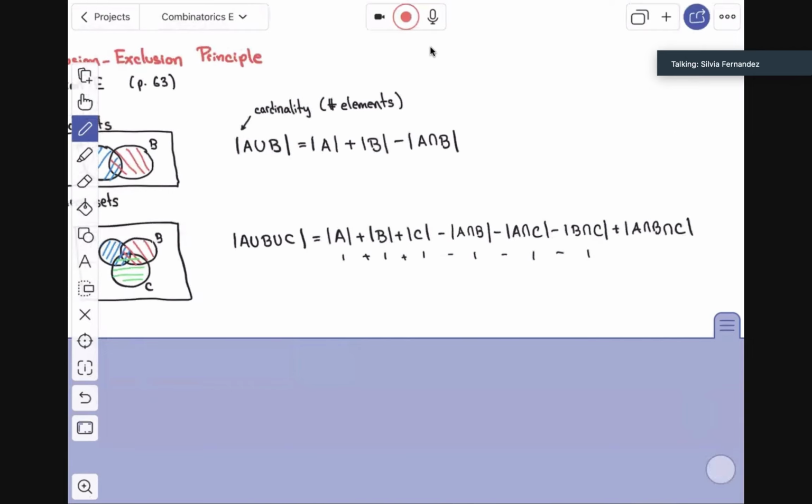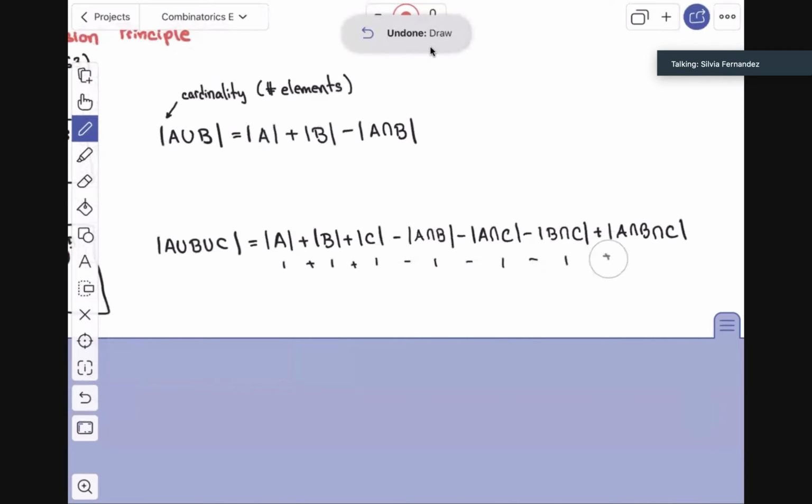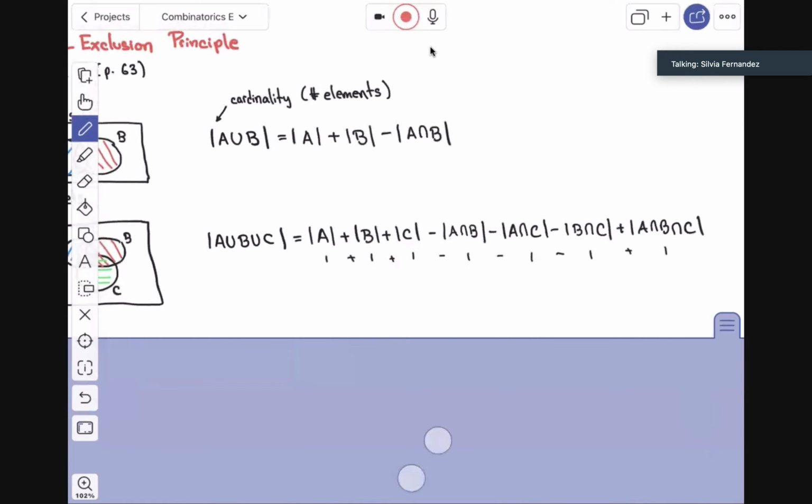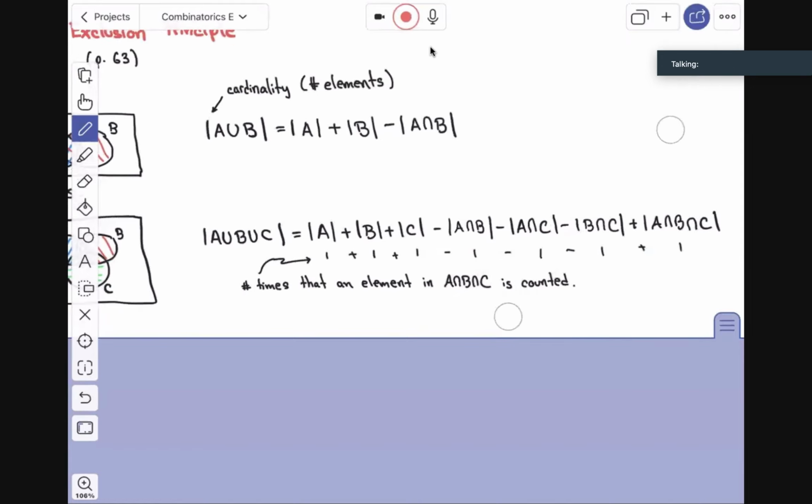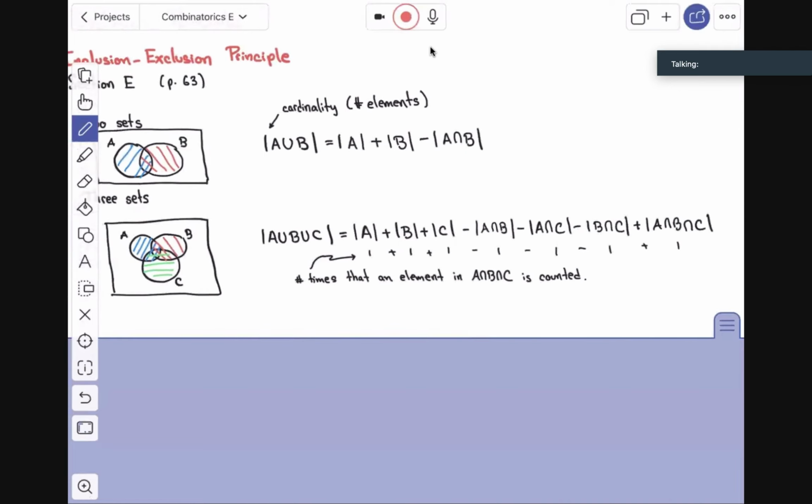I'm just going to say these numbers that I added here are the number of times that an element in the triple intersection is counted. Make sense?